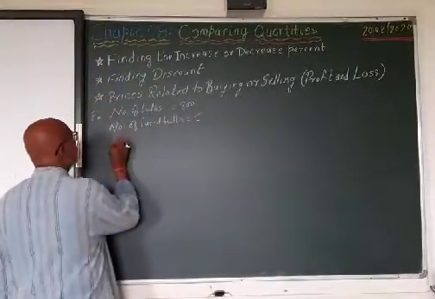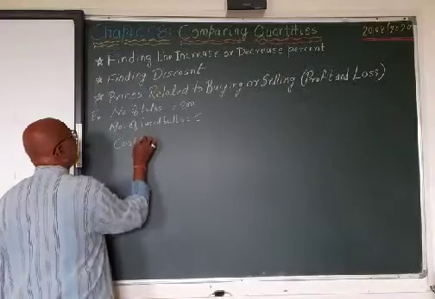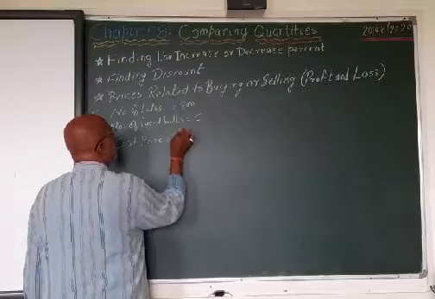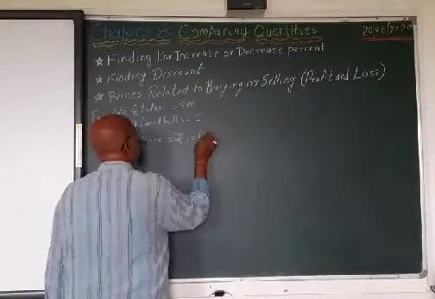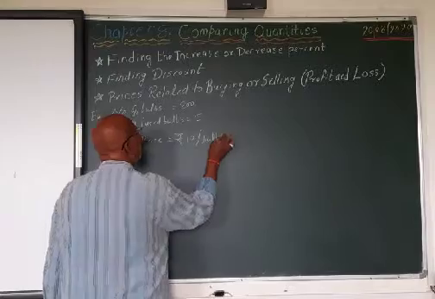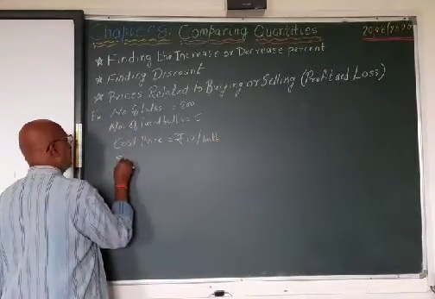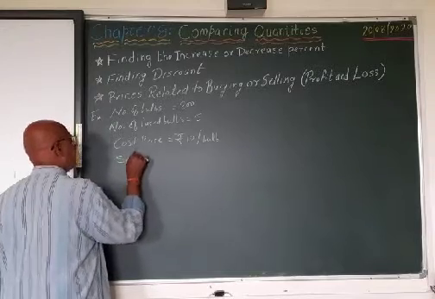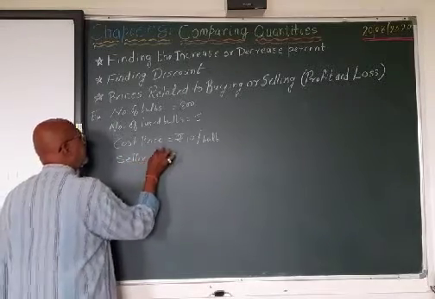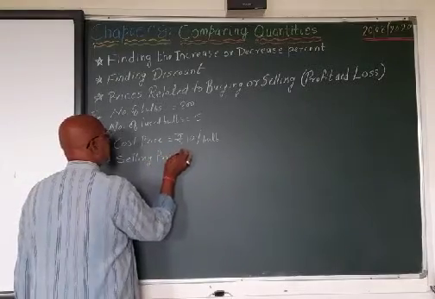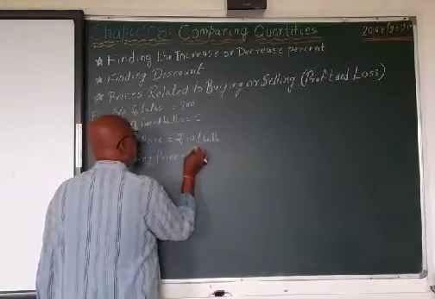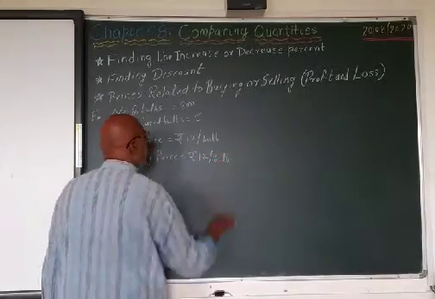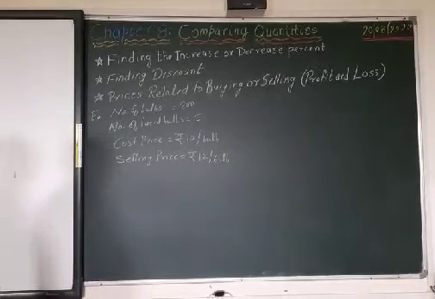Cost price equals rupees 10 per bulb. Selling price equals rupees 12 per bulb. Okay.